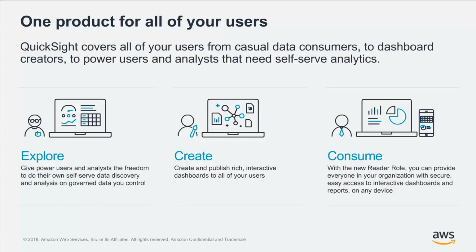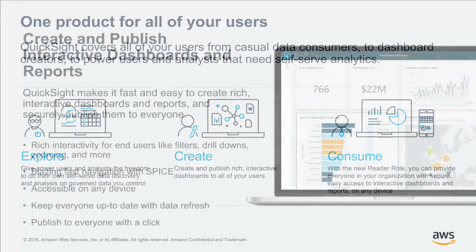QuickSight really brings all of those things together into one singular application for you to manage across your company, and you essentially give different users the permissions they need to use different features of the application. So if you're a power user, you give them the ability to go in and create their own analyses and connect to data and build charts, etc. If they're more of just a pure consumer, then you give them the ability to just interact with reports and dashboards that have been created and shared with them. So QuickSight really brings all that together in one singular solution, makes it a lot easier to manage and a lot more streamlined across your organization.